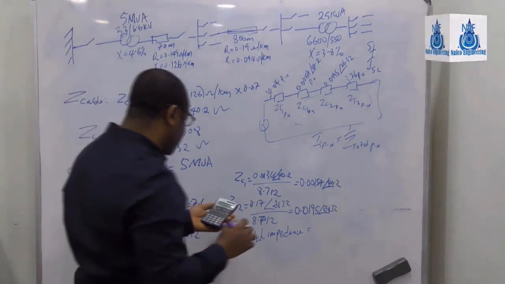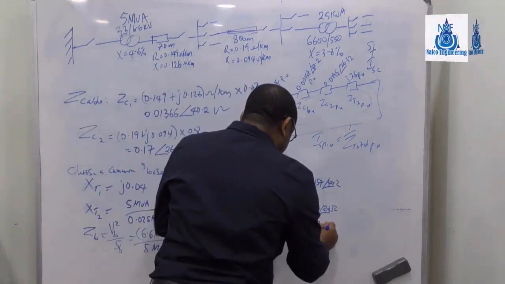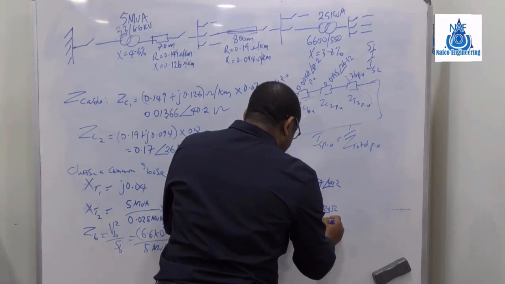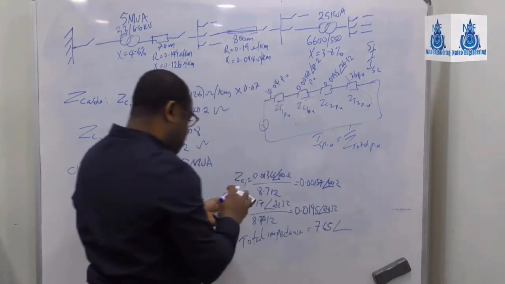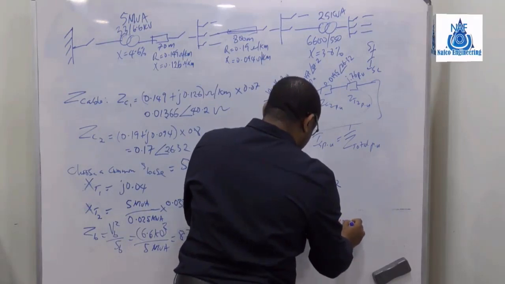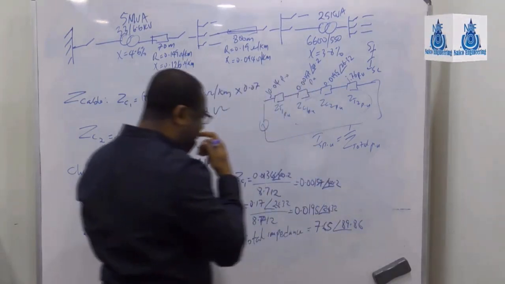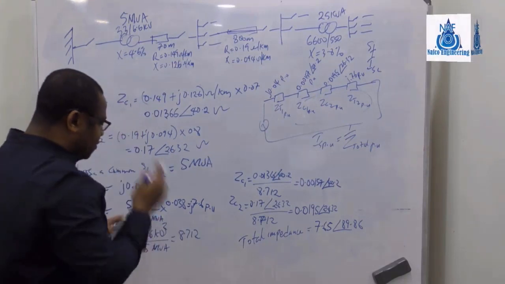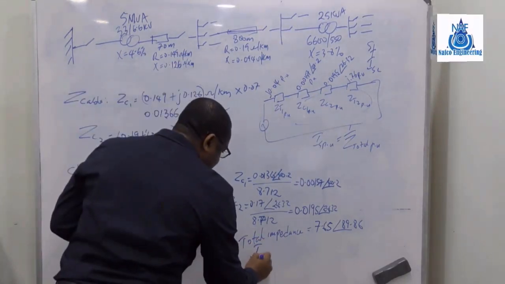So we get Z total to be 7.665 with an angle of 89.86.